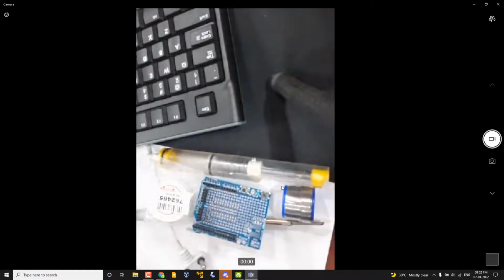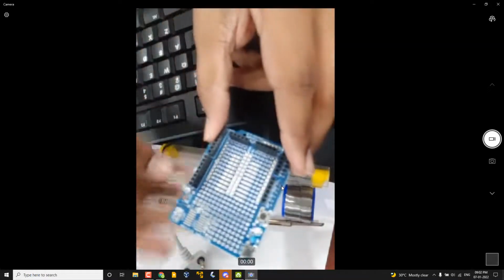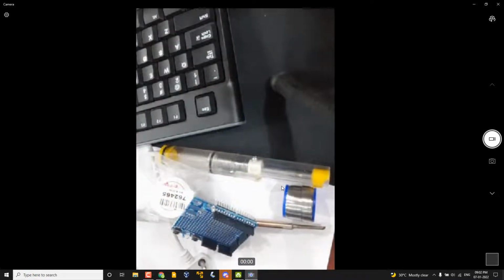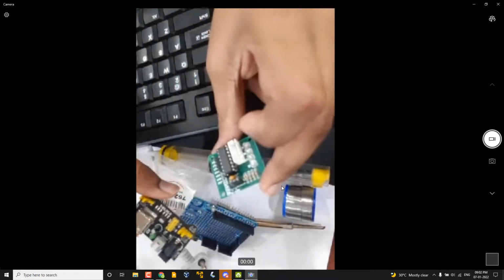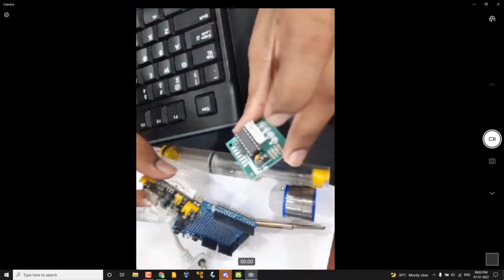But if you're creating a robot, mostly it will not be on a breadboard. You will have a PCB, which stands for printed circuit board, maybe a board like this. If you're planning to build a robot or something, mostly we will have a board like this.